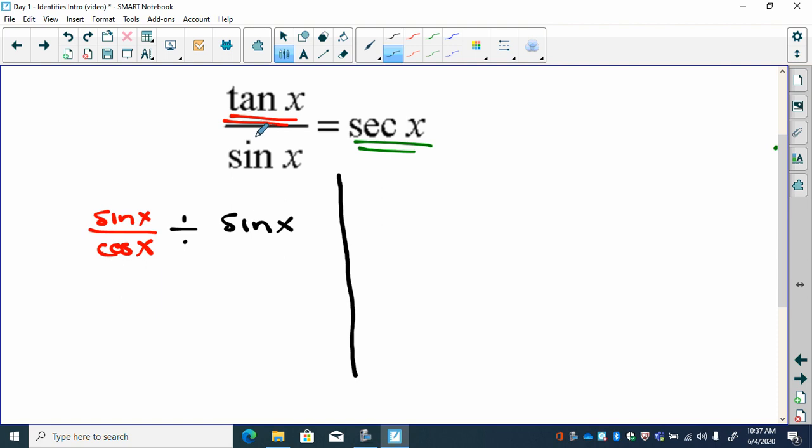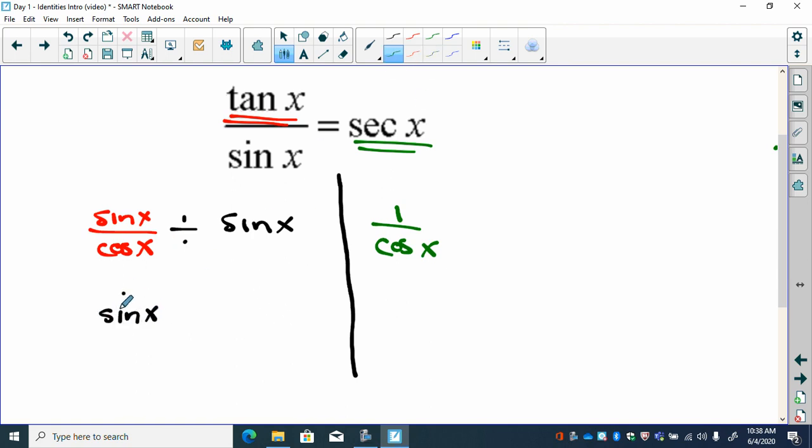So when you do direct substitution, do it with a purpose, or with an end goal in mind. Secant x, I want to change that to 1 over cosine x. And the reason is, well, I have a cosine x on the left, and my goal is to prove the left and right are equal.